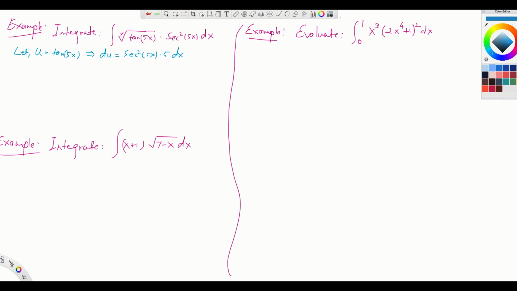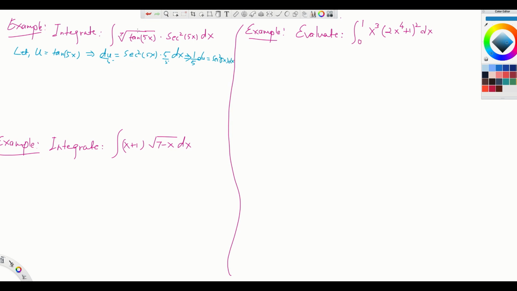But what I need is the value of secant squared 5x times dx only, because this will be u. I want to write this in terms of u as well. So this 5 is extra, so I want to divide by 5. What this implies is 1/5 du equals secant squared 5x times dx.